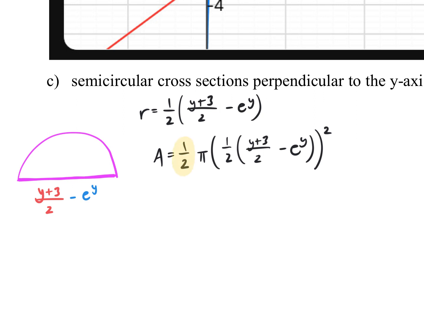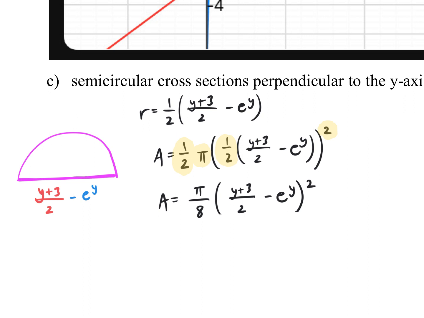My coefficients are 1/2 pi and then 1/2 squared. So what can I take out of all that? Pi over 8. So I've got area equals pi over 8, but I still have all that stuff in parentheses, and that's all squared still. We okay so far with that algebra?